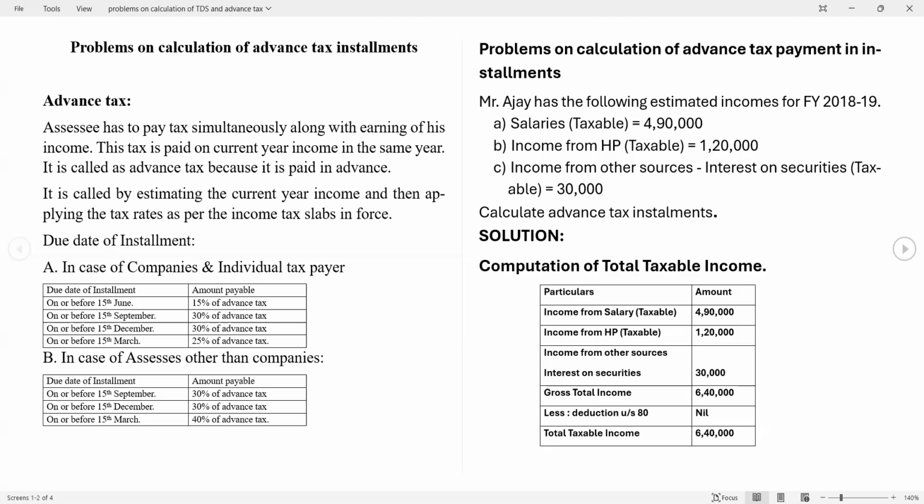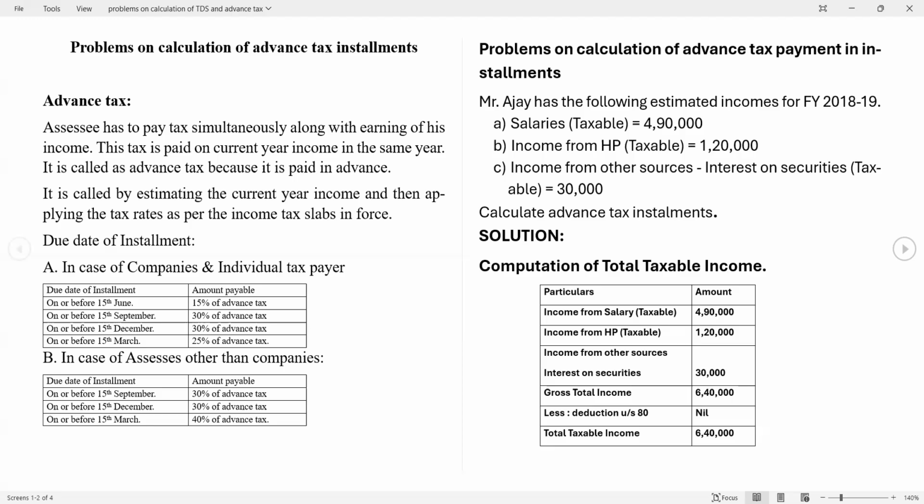And the third one, 5 lakh to 10 lakhs, is taxed at the slab rate of 20%. Since we have 6,40,000 total taxable income, out of it we have deducted the first 2,50,000 and the second 2,50,000, which we have already calculated. On the remaining balance, 1,40,000, it will be taxed at the rate of 20%.